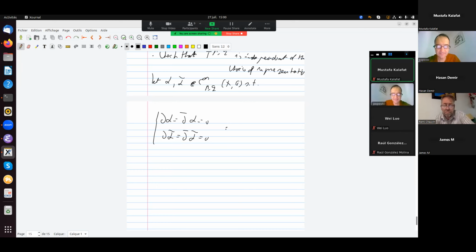And crucially, they represent the same Bott-Chern class. In other words, there exists a beta such that alpha twiddle equals alpha plus dd bar beta. So this condition means that alpha and alpha twiddle represent the same Bott-Chern class.